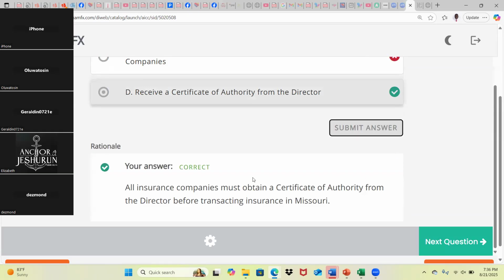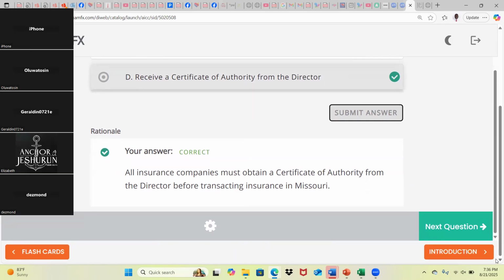They say all insurance companies must obtain a certificate of authority from the director before transacting business. Also, let me give you a hint. When you see questions regarding authorization by the director or commissioner of insurance in the state, they'll try to throw in the NAIC, as if something happening in a state needs authorization from the NAIC. NAIC stands for National Association of Insurance Commissioners.